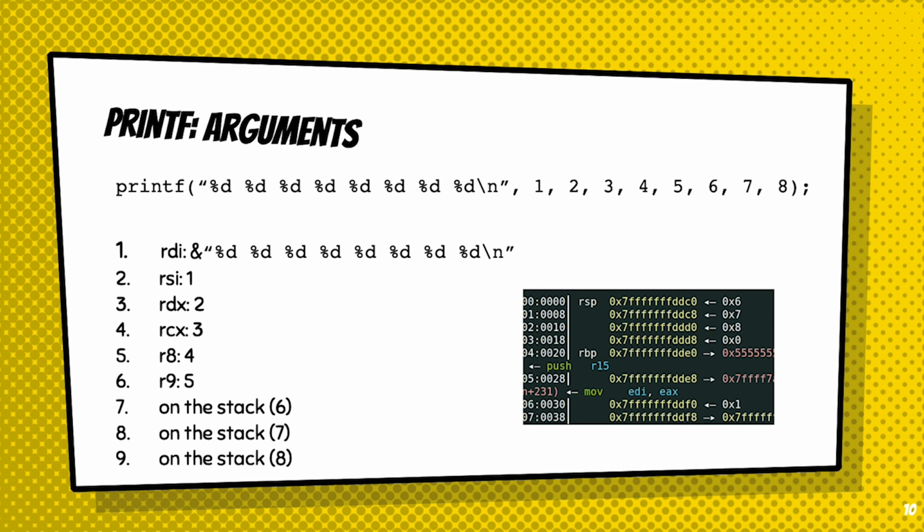And according to the x86-64 calling convention, we know that for a statement like this, part of the arguments will be stored in registers, and the other part will be stored on the stack. Particularly in this case, the first argument, which is the format string, its pointer will be stored in register RDI.